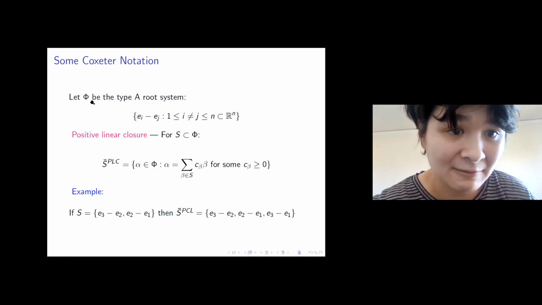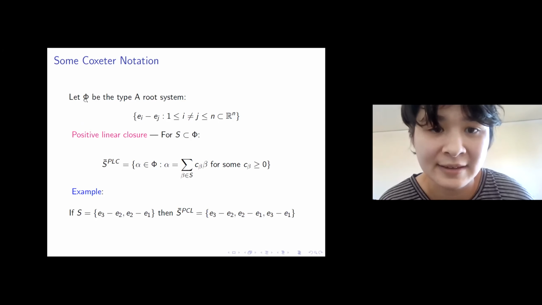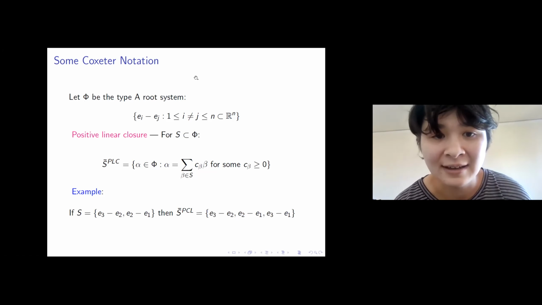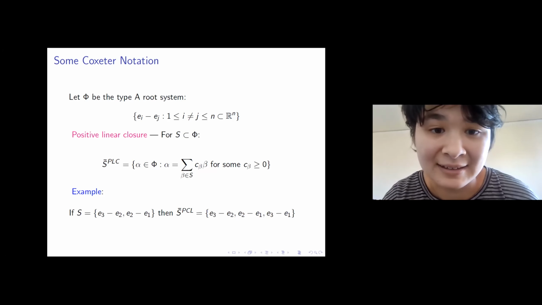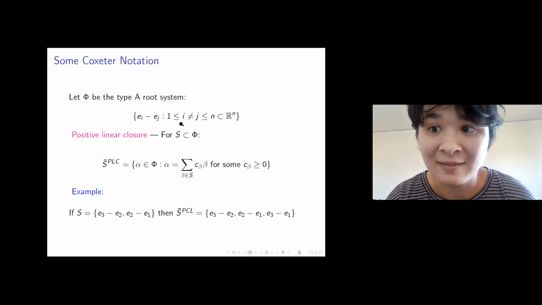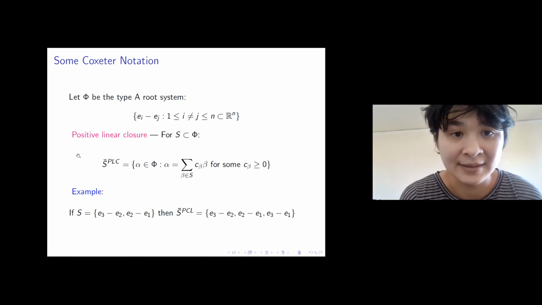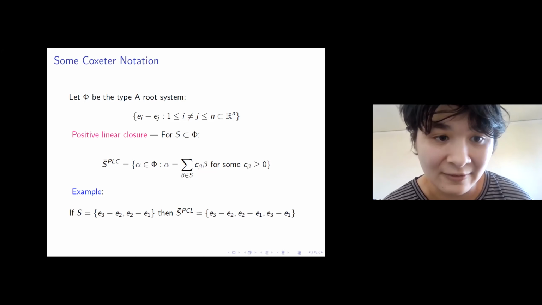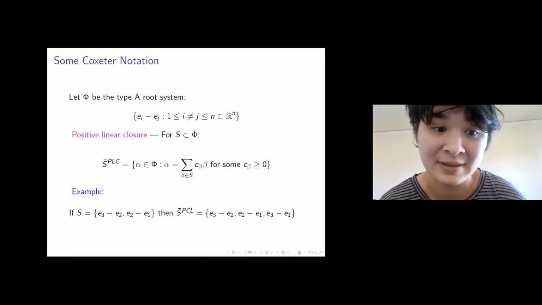So first, I just want to say that phi will denote the type A root system here. The type A root system is the set of points e_i minus e_j in R^n, where these are the unit vectors, and i and j are not equal. And then one thing that will come up is the idea of a positive linear closure of a subset of the root system.